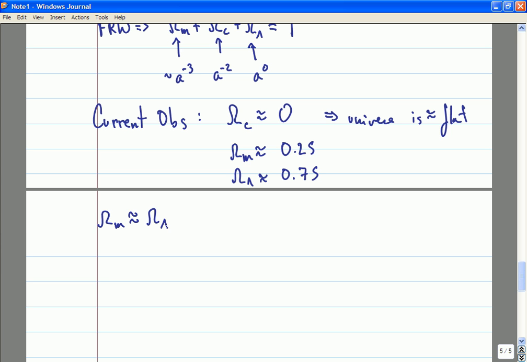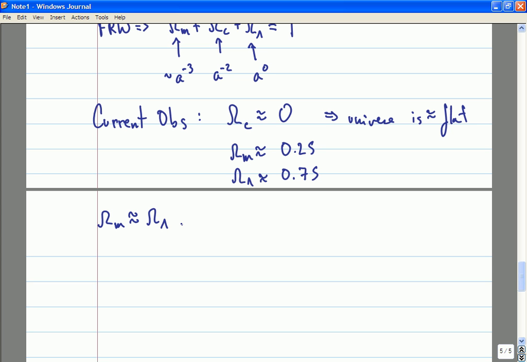And so that means that we happen to be living in a very special time period in the evolution of the universe. It's a time period where there's not a single type of matter that's dominating the evolution of the universe, but rather a combination of two types of matter. So the current dynamics of the universe is governed both by vacuum energy and by matter.